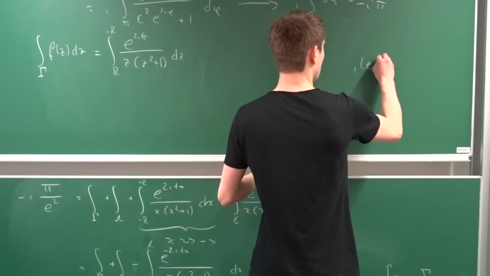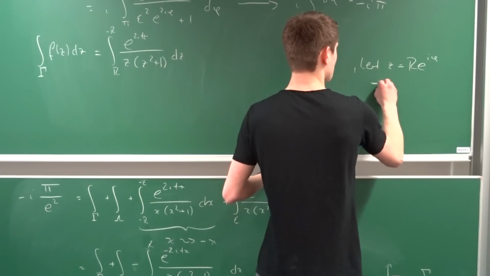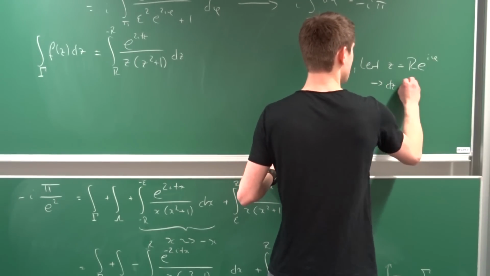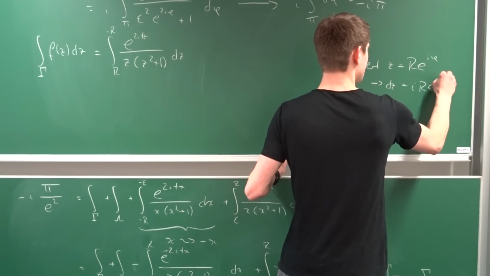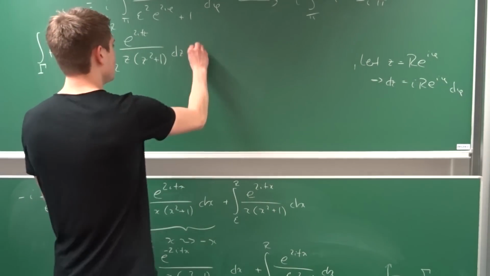Okay, great. So, what would happen if we would introduce another substitution? So now let our z be equal to r times e to the I phi. That would also mean that dz is nothing else than I times r e to the I phi d phi. So great thing, we can plug everything in.